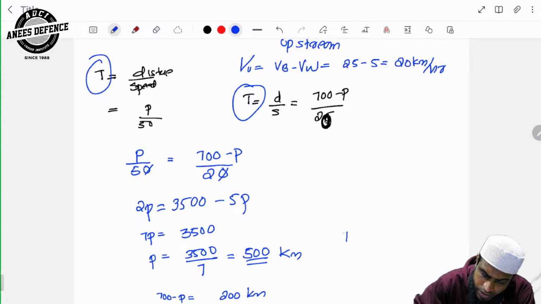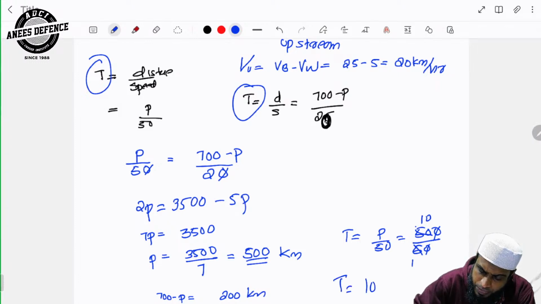Time taken is T equals P by 50, that is 500 kilometers divided by 50 kilometers per hour. So after 10 hours they will meet each other.